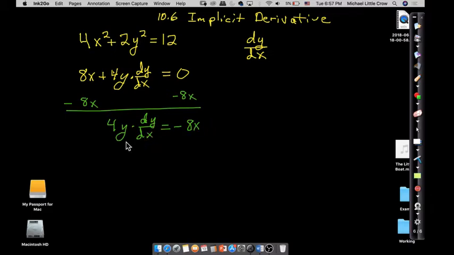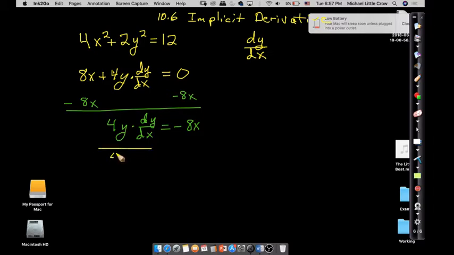But dy dx still is not by itself, so what would be your next suggestion? Divide by 4y. Exactly. So divide this side by 4y and divide this side by 4y. That and that cancel. So we are left with dy dx is equal to negative 8x over 4y.